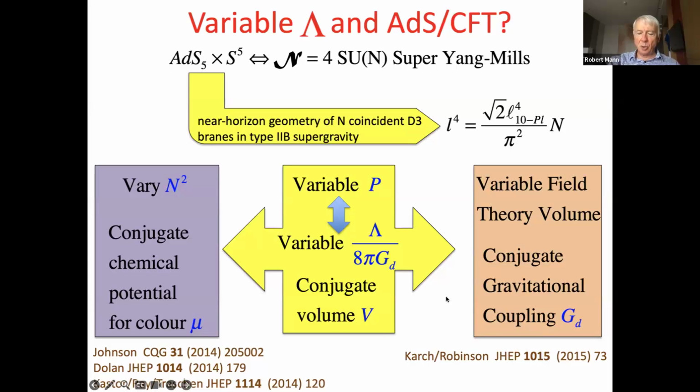Now, I'm not going to discuss that, except to say that what they showed is that there was a duality relationship between the thermodynamic Smarr relation in the bulk and the Smarr relation of the CFT on the boundary.